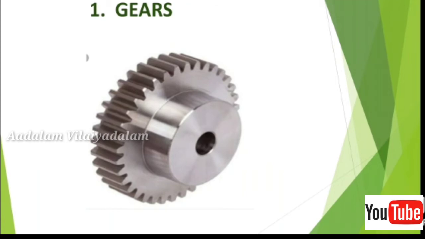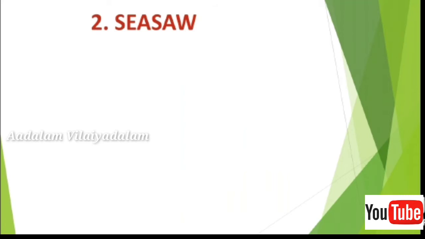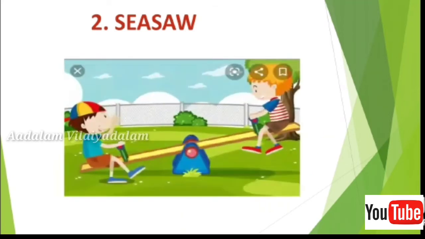And second one, seesaw. I hope most of you have played on a seesaw in your childhood days. We know the center position of a seesaw is known as the pivot point, otherwise called the fulcrum. If you sit on the edge of the seesaw, you can easily lift the person on the opposite side.